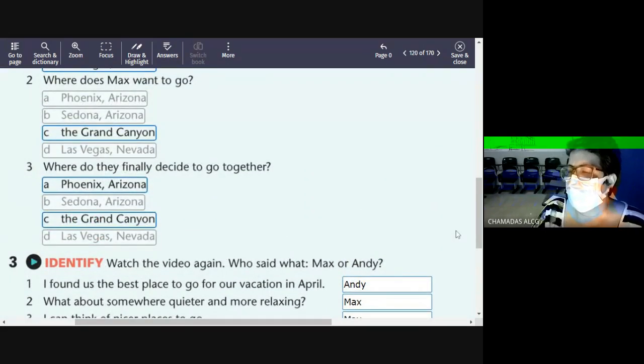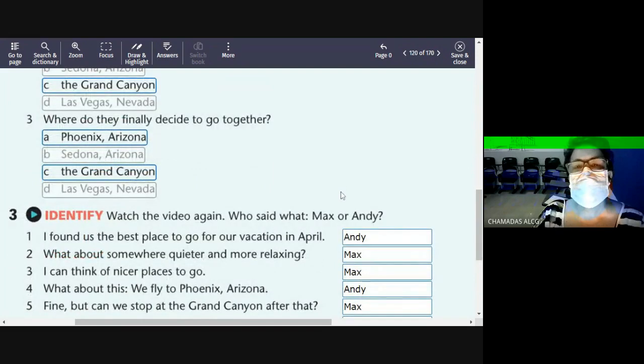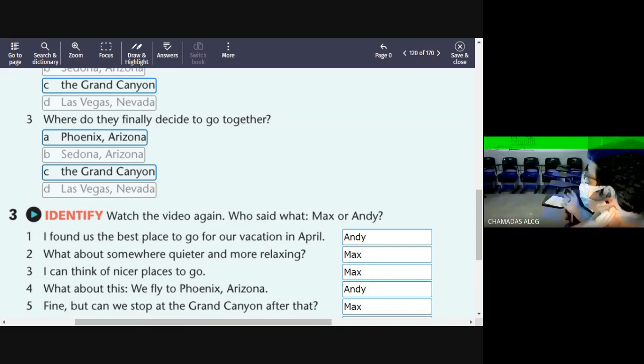When they say, in the end, Max says, we can fly to Phoenix, Arizona, and then we can drive to the desert. As they drive to the desert, we can understand they may go to Las Vegas, but it's not very clear, all right? Andy doesn't really say, then we drive to Las Vegas. He doesn't say that.